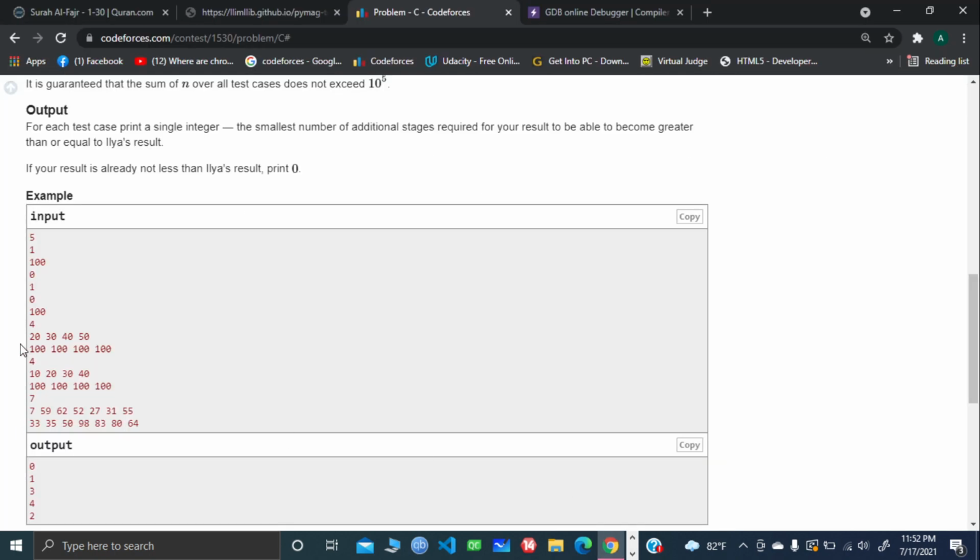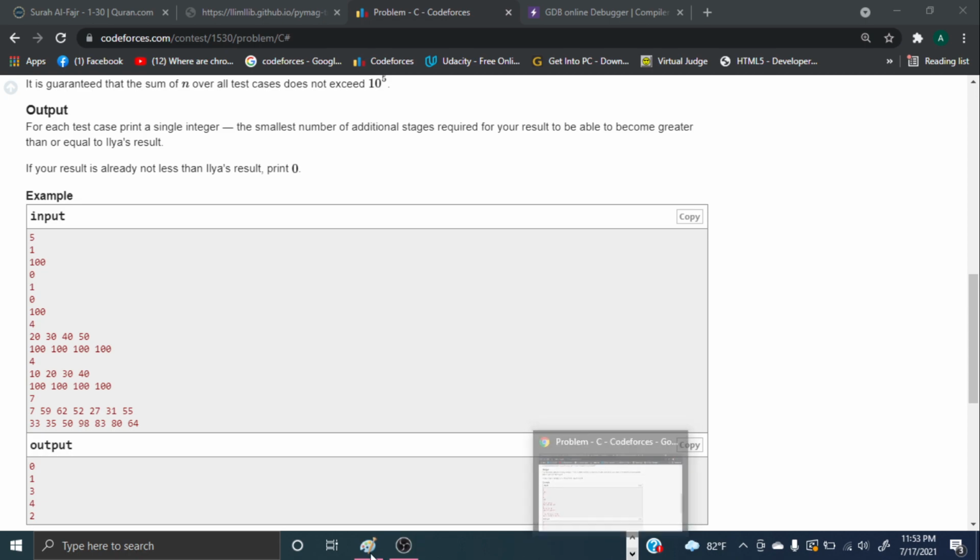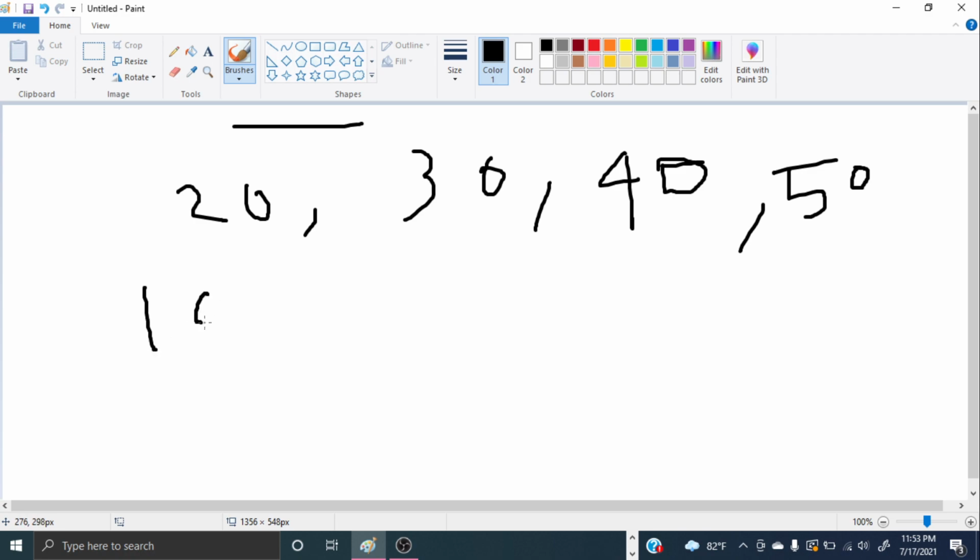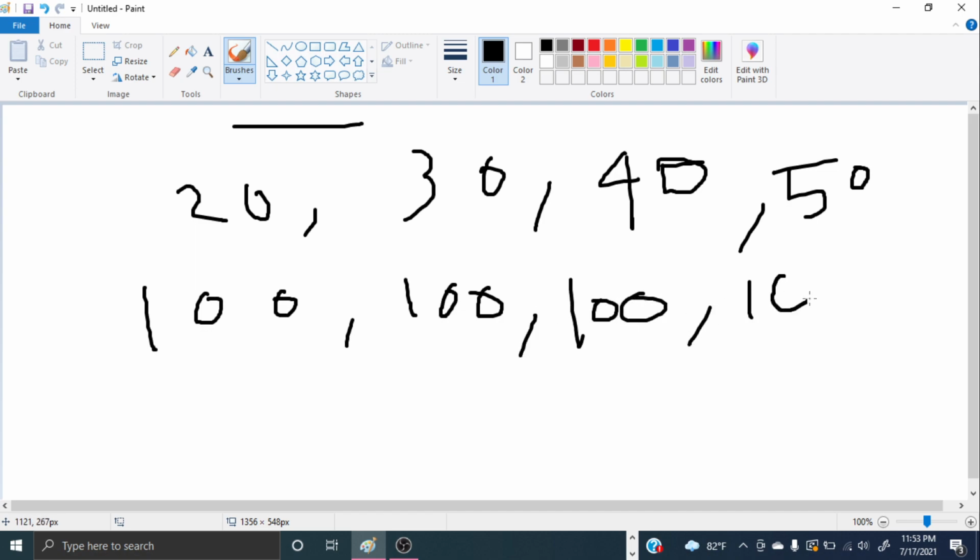And your opponent, meaning player B, is getting all 100 points: 100, 100, 100, and 100. So basically here n is 4.